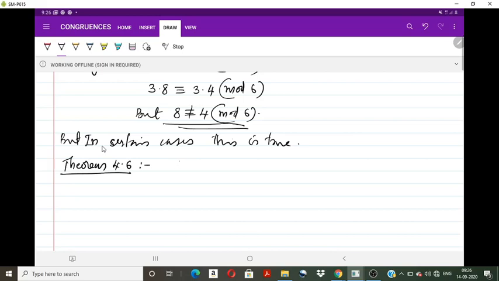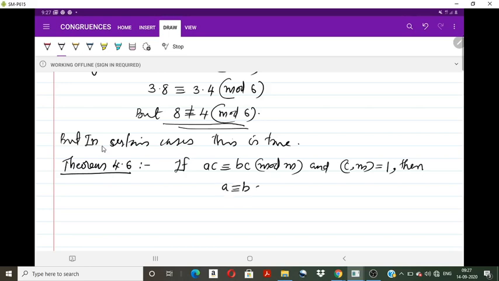That is, if AC is congruent to BC modulo M with the condition that GCD of C comma M equals 1, that is the common factor is relatively prime to the modulus, then A is congruent to B modulo M. So if the GCD of the common factor and modulus is 1, then we can cancel the common factor.